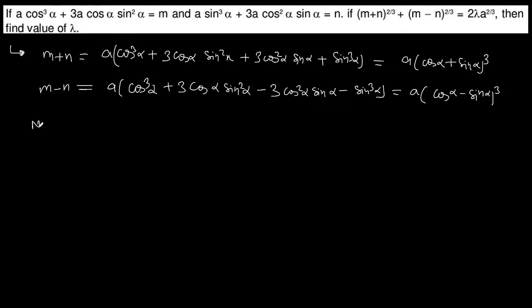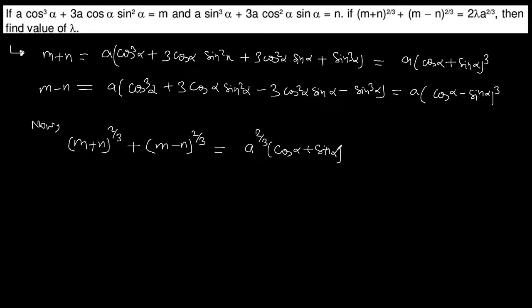Now we are told that (m plus n) to the power 2 by 3 plus (m minus n) to the power 2 by 3 is equal to, if you take 2 by 3, a to the 2 by 3 (cos alpha plus sin alpha) whole square plus a to the 2 by 3 (cos alpha minus sin alpha) whole square.